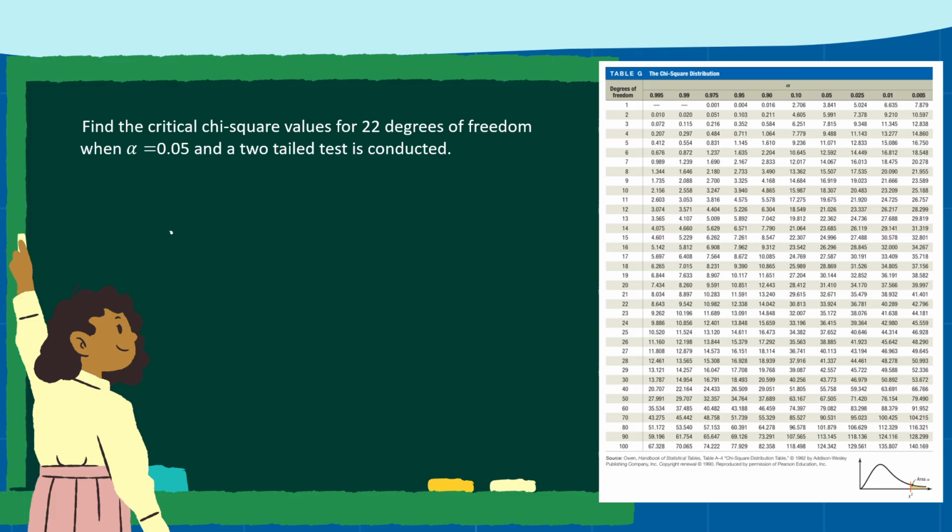Since this is a two-tailed test, if we are going to graph this, we always have to get alpha divided by 2, that is 0.05 divided by 2, which is equal to 0.025. So this one is 0.025 and also 0.025.